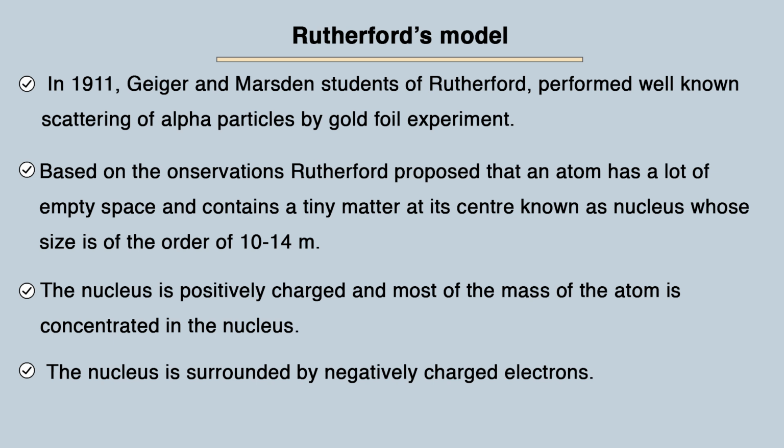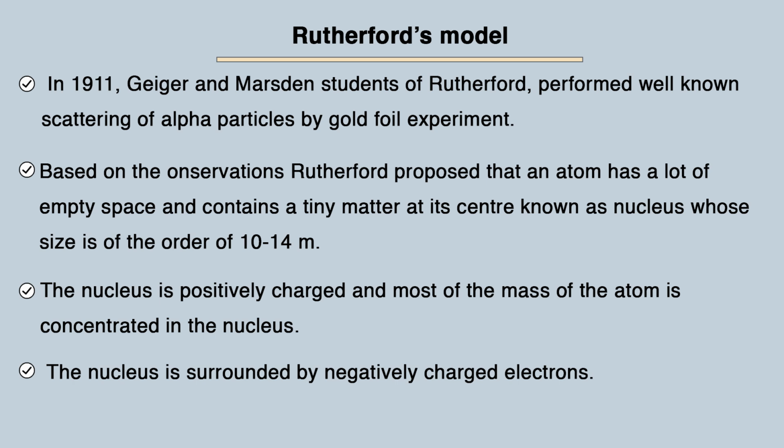On the basis of these observations, Rutherford proposed that an atom has a lot of empty space and contains a tiny piece of matter at its center, known as the nucleus, whose size is of the order of 10 to the power minus 14 meter, and this is compared as a ratio of the size of the nucleus to the size of the complete atom.